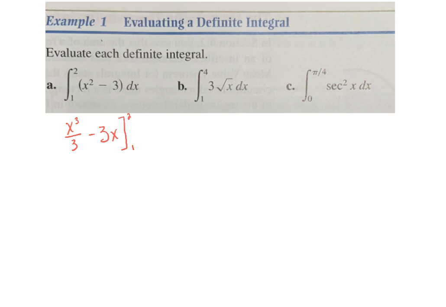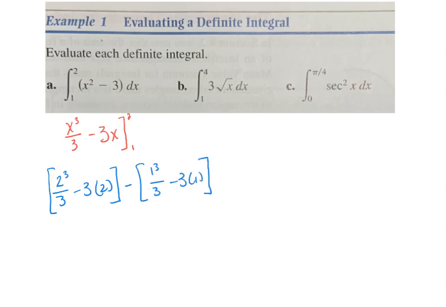So we're going to take our 2, and we're going to say 2 cubed over 3 minus 3 times 2. That's plugging in my 2. We are going to subtract what happens when we plug in a 1. And then we're just going to calculate it. What is 2 cubed? 8 thirds minus, this is 6, so that would be 18 thirds. I like to get common denominators while I can, right?